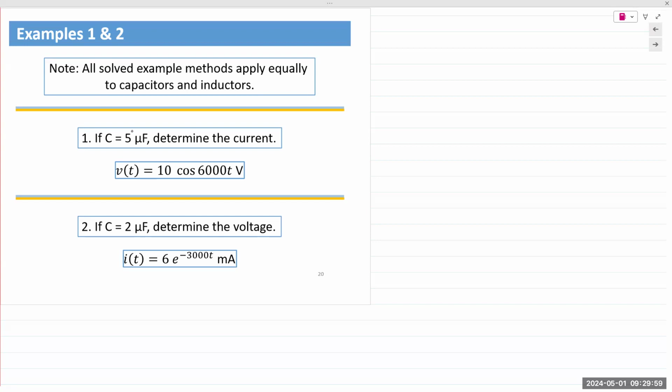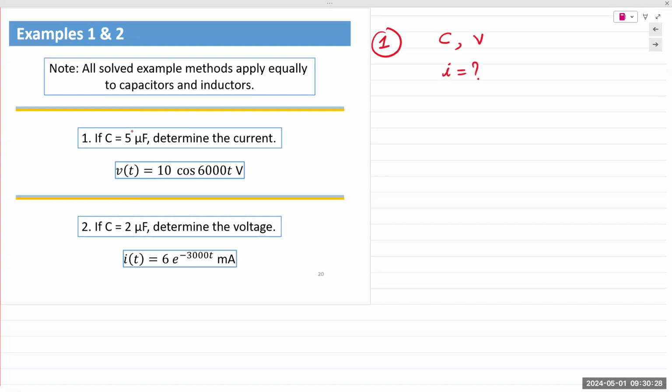In the first one, we are asked: if capacitor C has a value of 5 microfarads, find the current if the applied voltage for the capacitor is given by this mathematical expression. So in example 1, we are given C, we are given V, and we are asked to find the current.